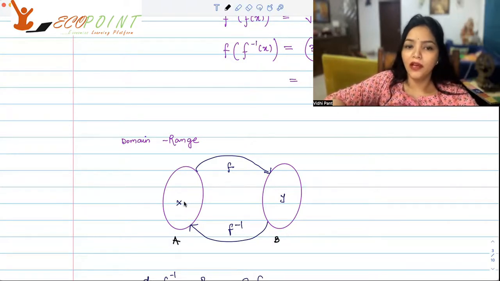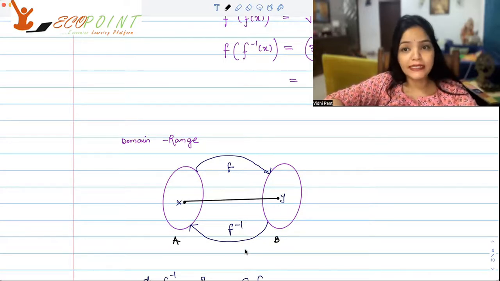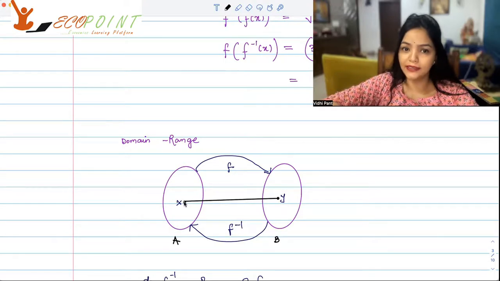Now, x is an input here. And when you apply the function f, you get y, which is here. If f inverse is there, that means y should be connected back to this x here. So when I apply f inverse to y, I should get x, right? That's what it means.